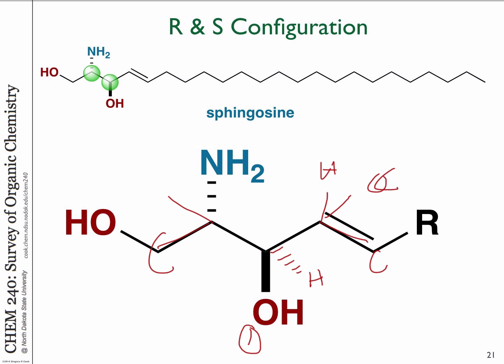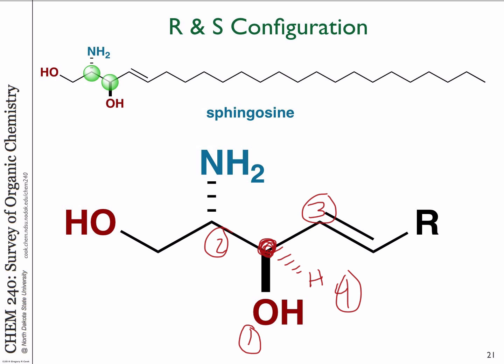So keep in mind, I'm focusing just on this particular stereogenic center now. On this specific stereogenic center, oxygen is 1, this direction to the left is 2, this direction to the right is 3, and the hydrogen going to the back is 4. We already did the other one.